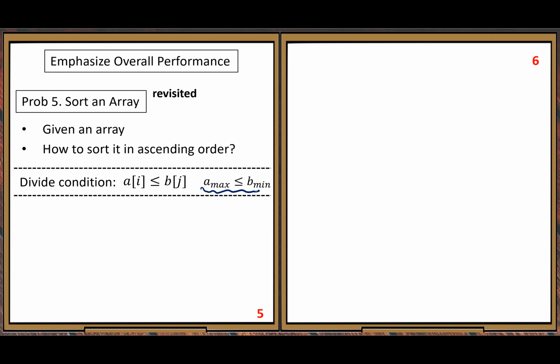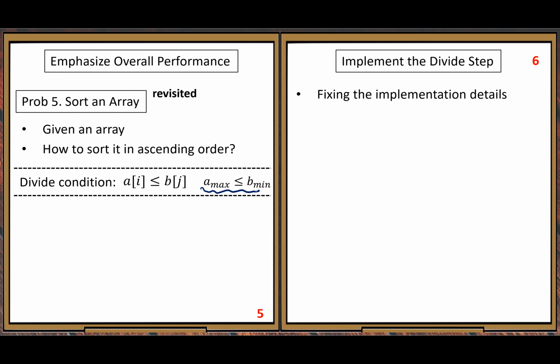That's what Madison told us. Implementing the divide step, now the details. It's not easy. We need to do a lot of work. This step is quite smart, actually. Very smart.